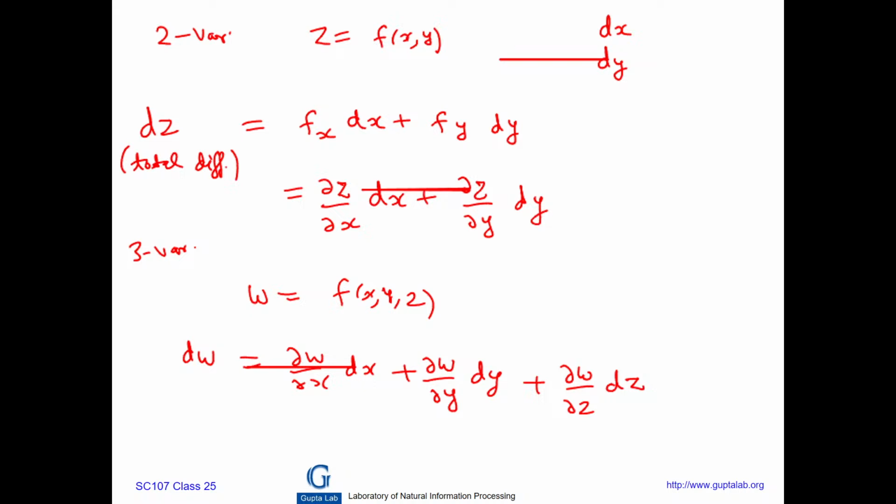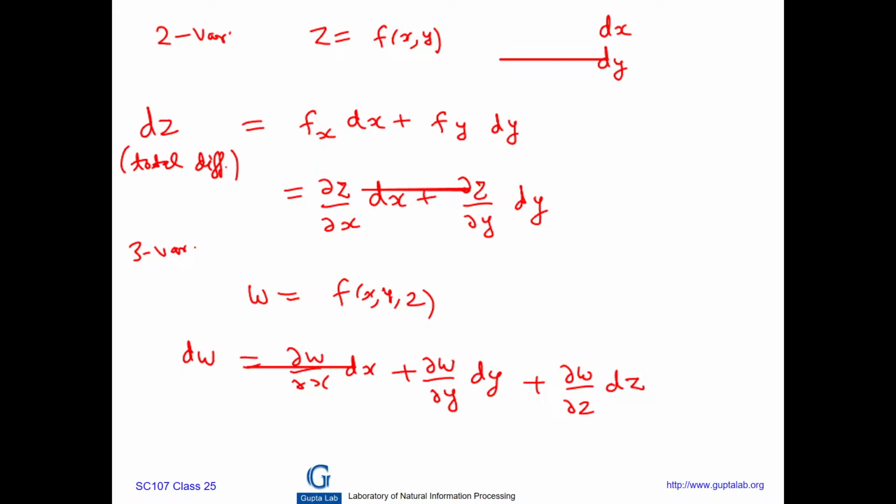Okay, then we have defined what is known as... remember, now we were talking about a two variable function and we are talking about differentiability of a two variable function. So along the x axis and along the y axis, we did partial differentiation with respect to x and partial differentiation with respect to y. But I can also define what is known as the total differential, the change in z. So dz, the total differential, is equal to f of x dx plus f of y dy, because del z over del x... if you see, the y component is not there, it is something like the change in z only, right?